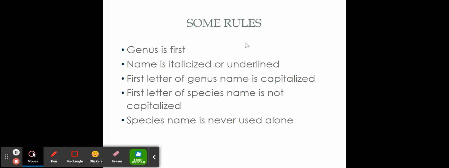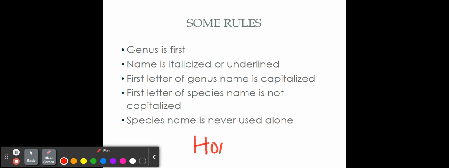So there are some rules to binomial nomenclature. Very first thing is that the genus goes first, and then the species comes second. The name is italicized or underlined. So when you write Homo sapien, if you can't italicize it, you can write Homo and then sapien, and then you underline it.